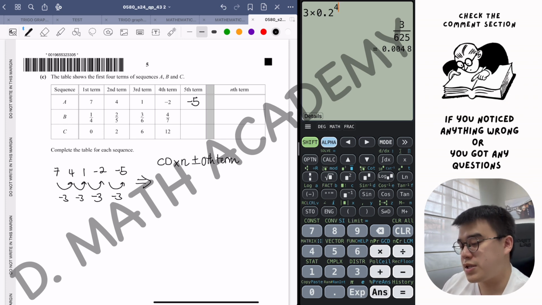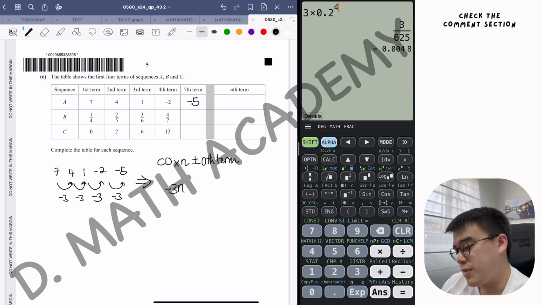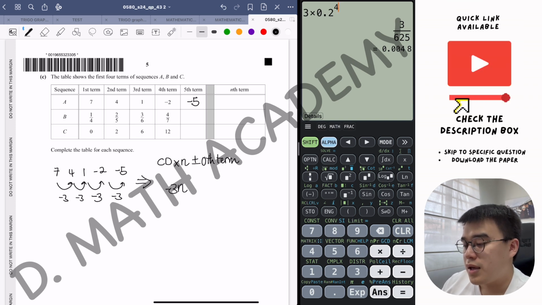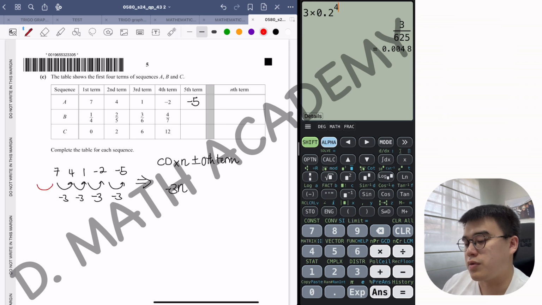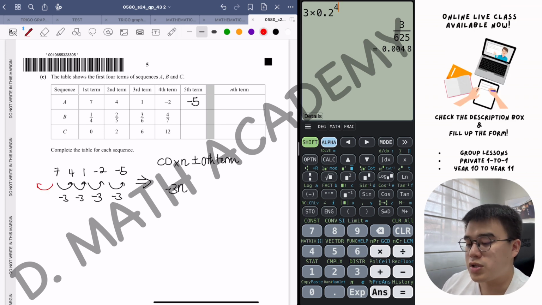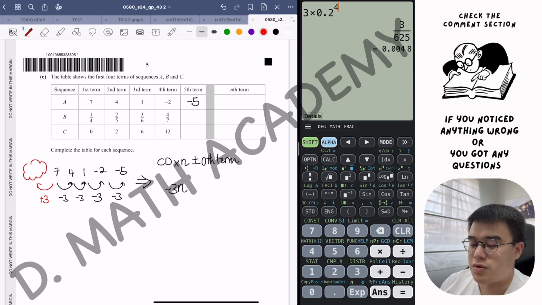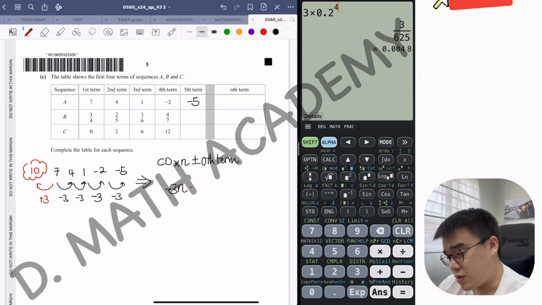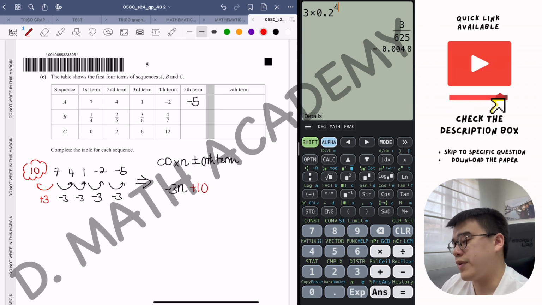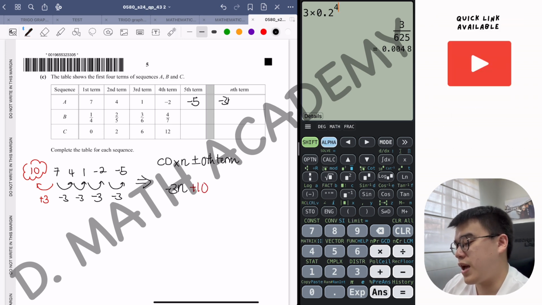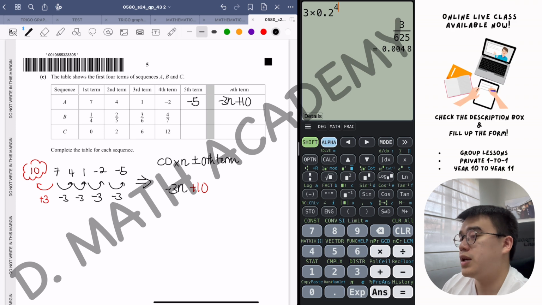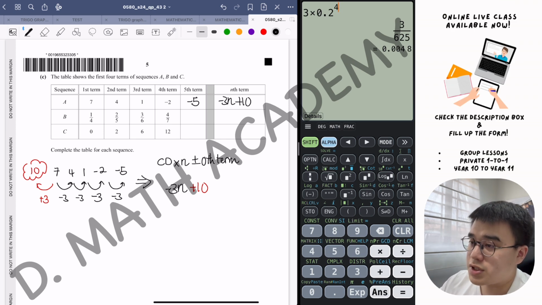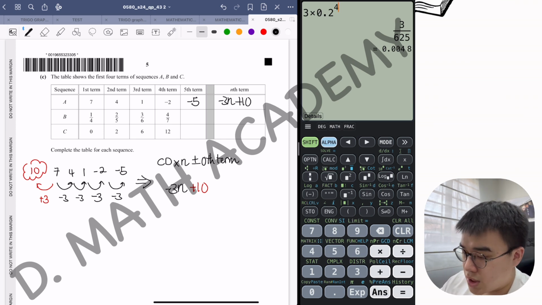So your common difference here is -3 multiplied by n, and the 0th term means that we have to go the other way around, going to the front instead. Because of the change of direction, it will be plus 3, making the 0th term 10, because 7 plus 3. So positive 10, and you will get your final answer as -3n plus 10. So this is the answer to question C, part A.